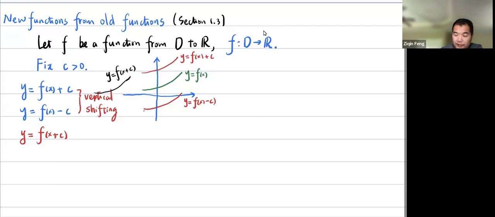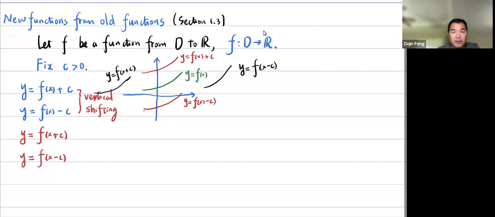And you can also subtract c in the x coordinate, f of x minus c. In this case, you are shifting to the right side. So the graph of this function is y equals f of x minus c.